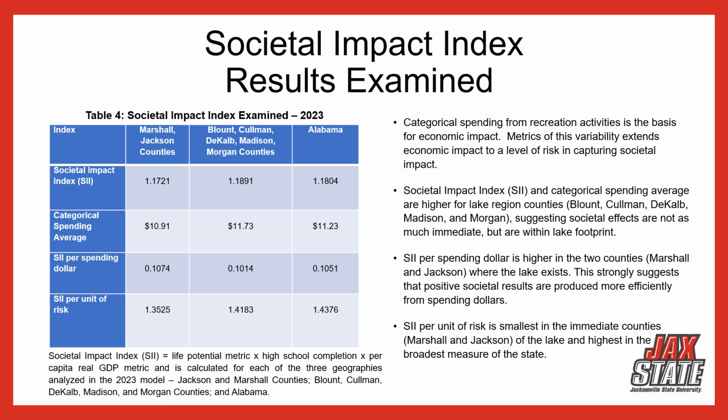And then the societal impact per spending dollar is higher in Marshall and Jackson. But when we come down and consider risk, even though societal impact per spending dollar is higher in Marshall and Jackson, when you take into consideration risk, the risk shows a smaller metric.